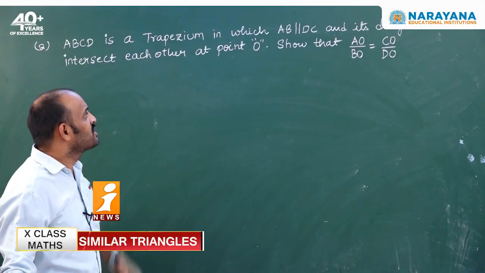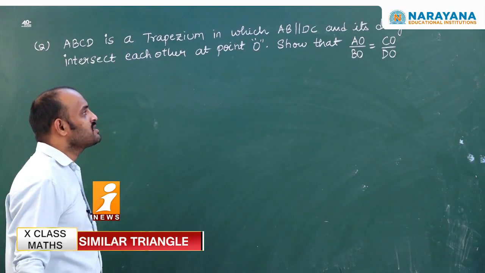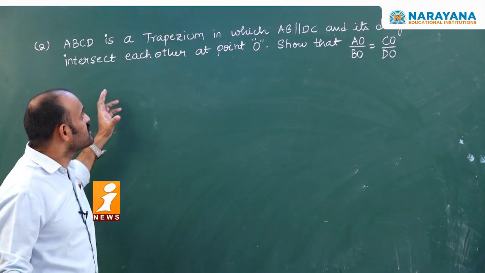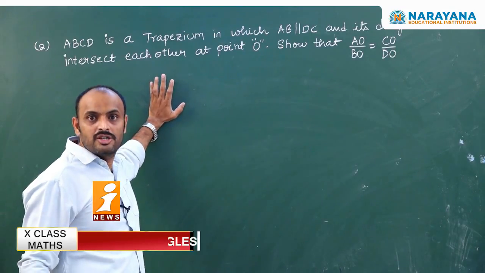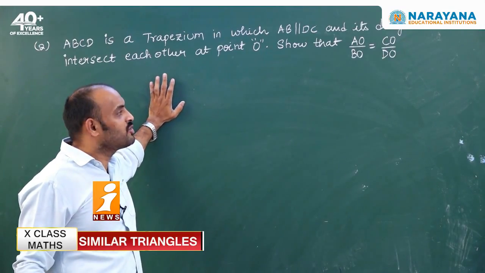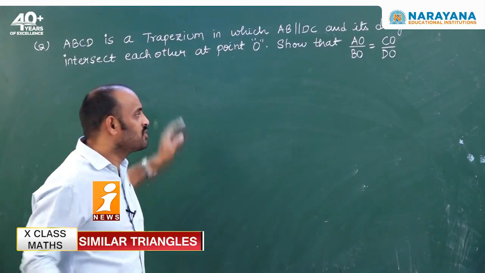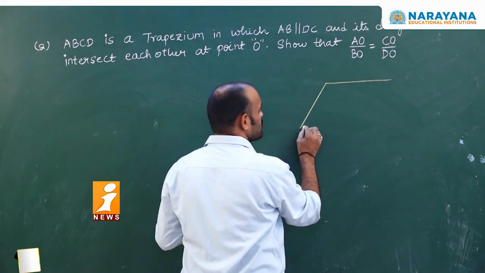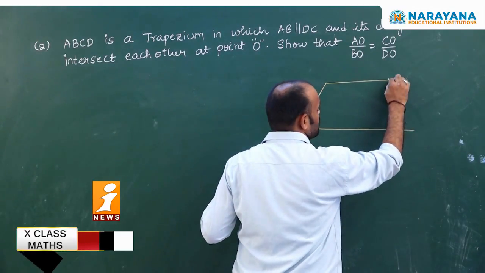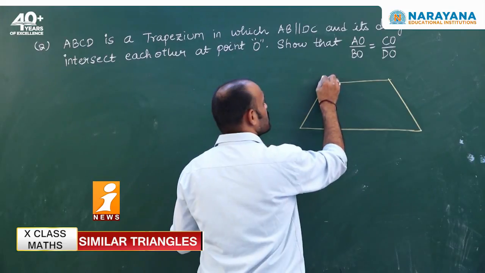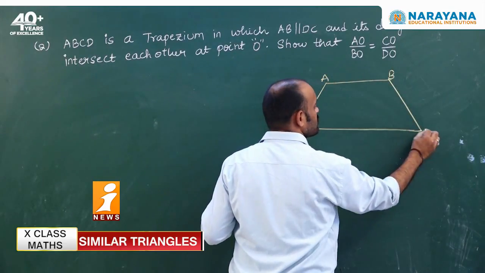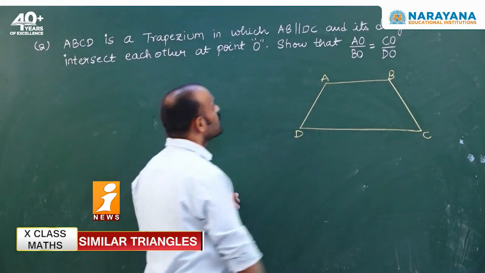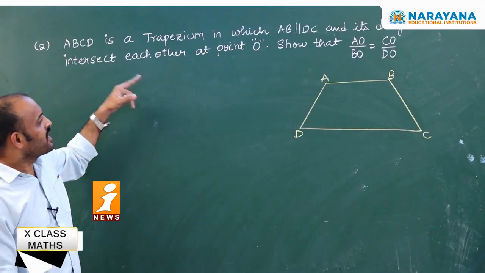ABCD is a trapezium in which AB is parallel to DC and its diagonals intersect each other at point O. Show that AO by BO is equals to CO by DO. So he has given a trapezium ABCD. A, B, C, D. AB is parallel to DC.